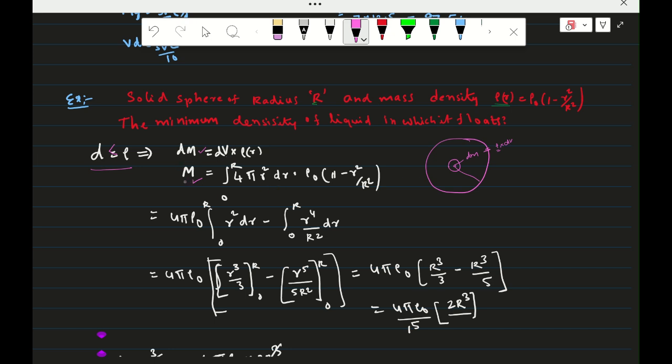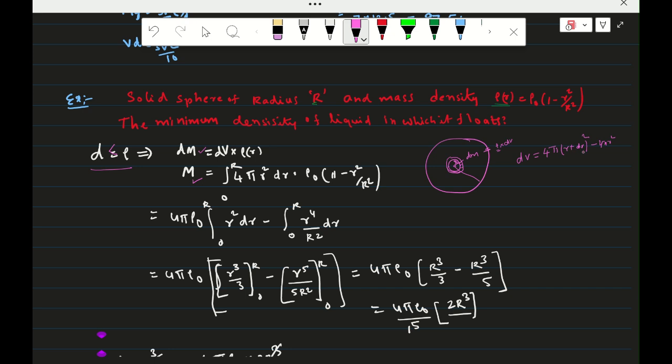Now integrating this dm, we will get the m value from 0 to R. The density is substituted, and the volume here is not 4 by 3 pi x cube if this is radius x. Remember this point. To find dv, take the volume of a small shell between r and r plus dr. That is 4 pi into (r plus dr) whole square minus 4 pi into r square.